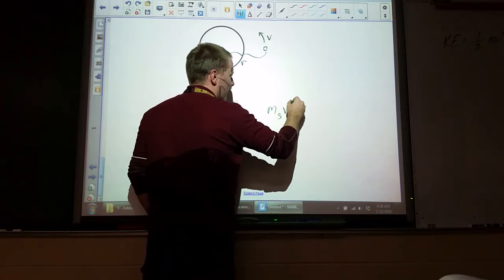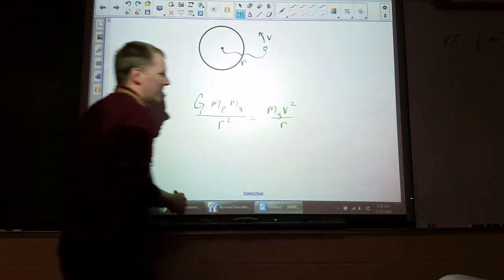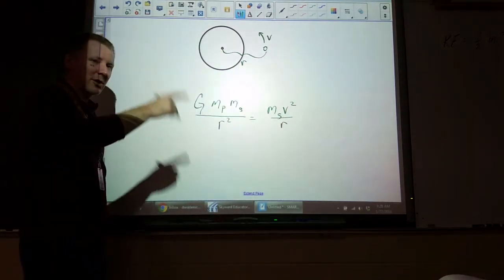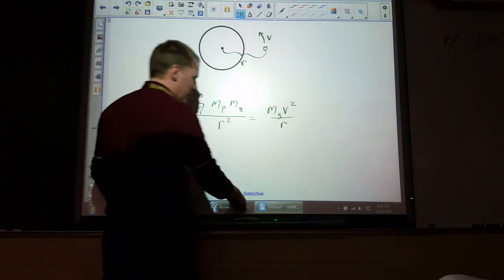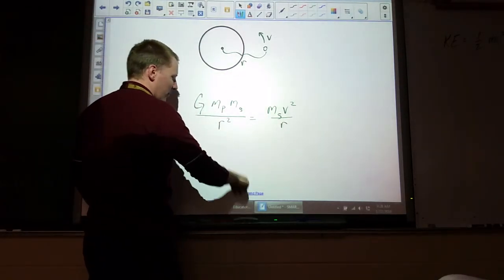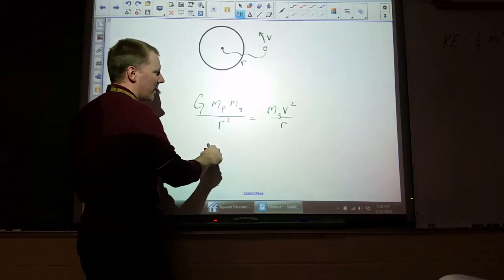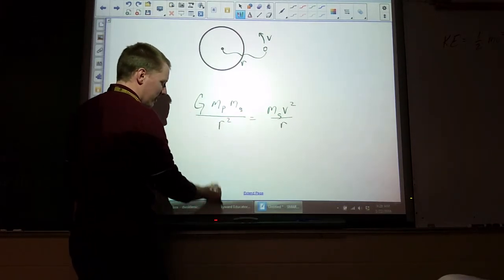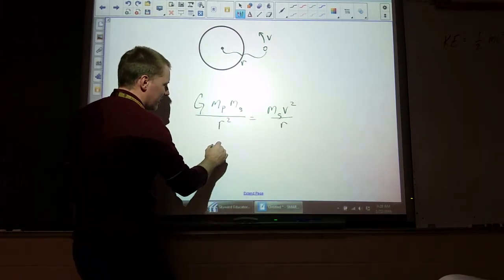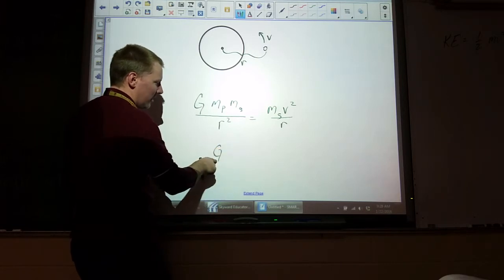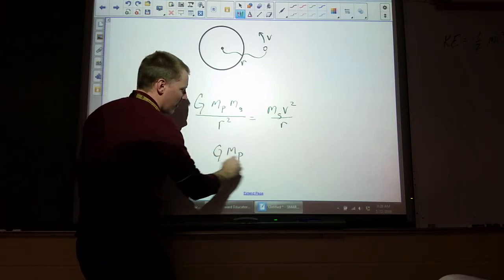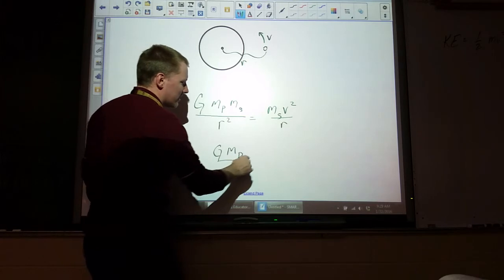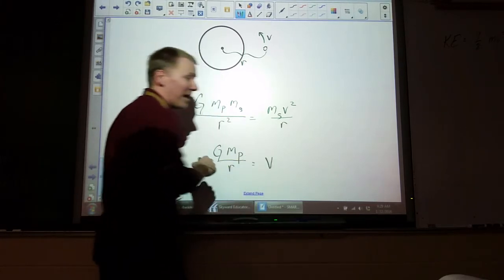Satellite v squared over r. So multiply both sides by r, divide by m, the mass of the satellite, and we get our constant G times the mass of the planet over the radius is equal to the velocity.